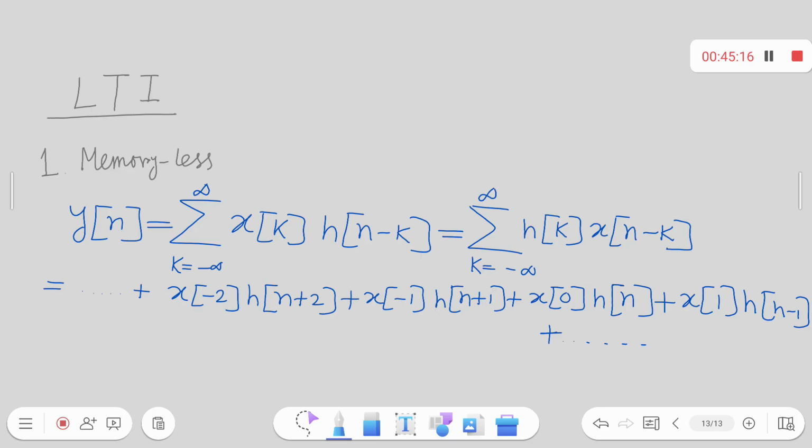This is possible because the convolution operation is commutative in nature. So I can write x of k h of n minus k or h of k x of n minus k. Okay.